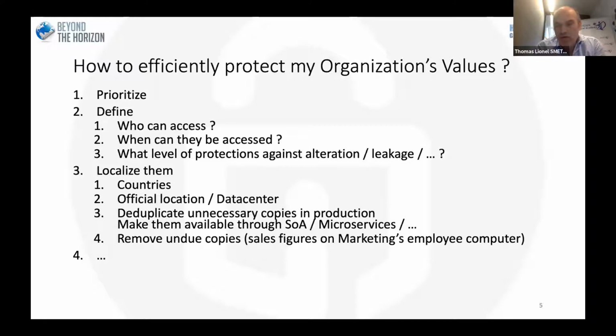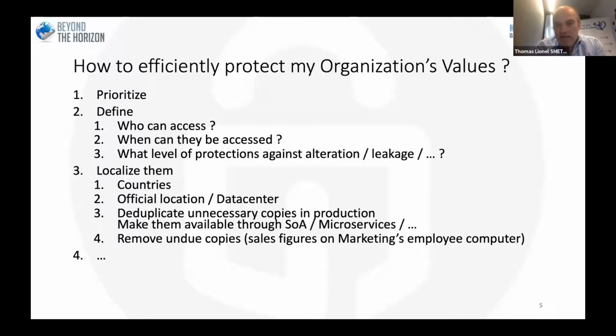We probably do not want our customers' accounts to be all available from Ukraine only, and it's not negative, it's just that statistically in Europe, we have a lot of attacks from Eastern countries or Far East countries, because it's easier for them to not be prosecuted. Typically also, where are the locations or the data centers?